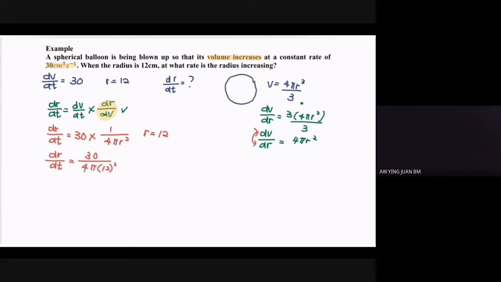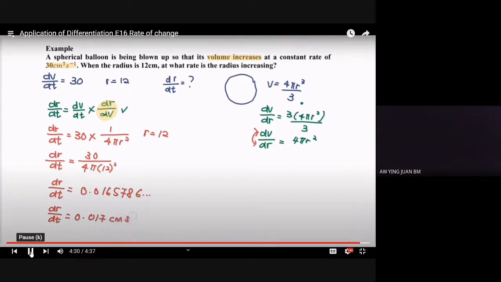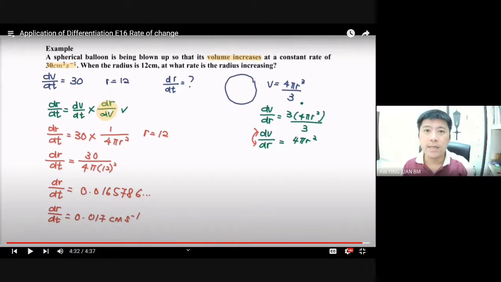So by using the calculator, kindly calculate the situation. So we have dr/dt will be equals to 0.0165786. So as a conclusion, dr/dt is equals to 0.017 cm s^-1. Okay, so harap you all nampak flow dia.